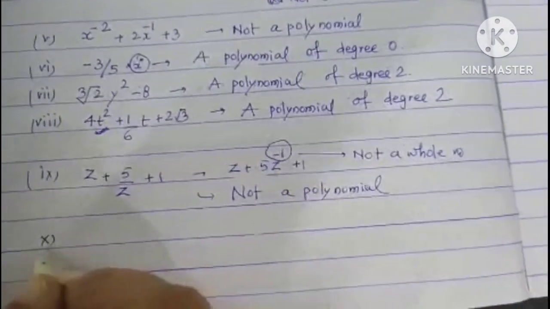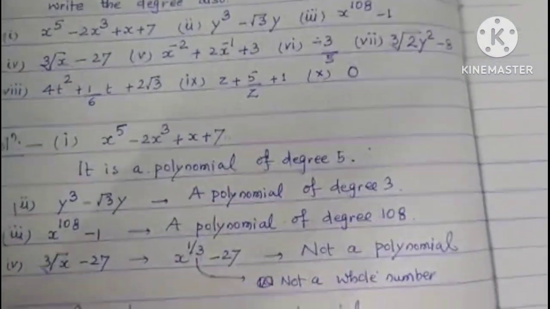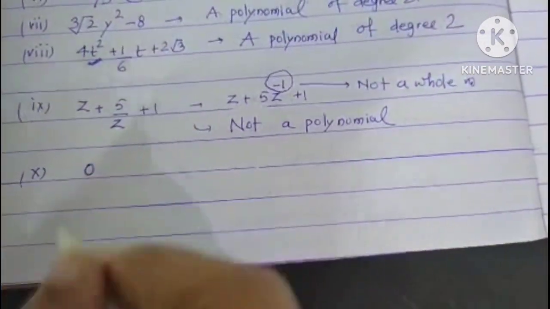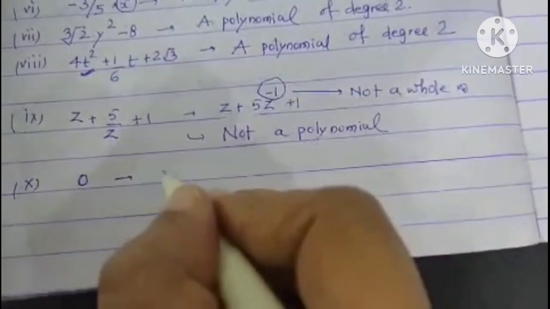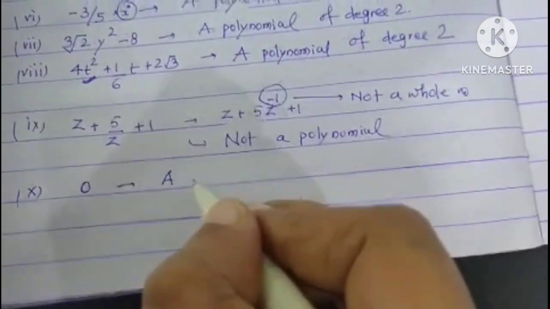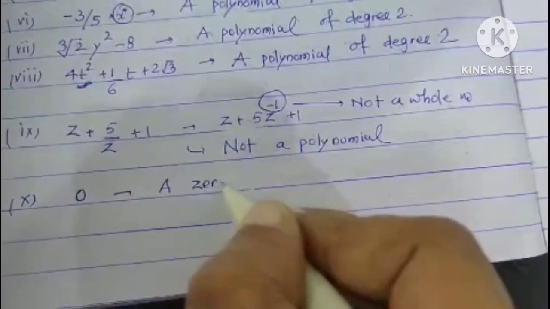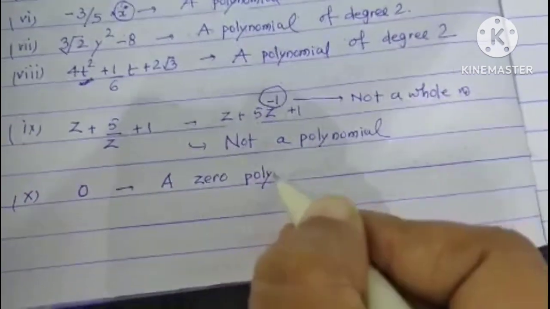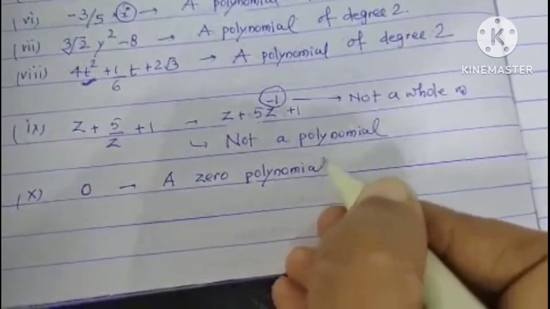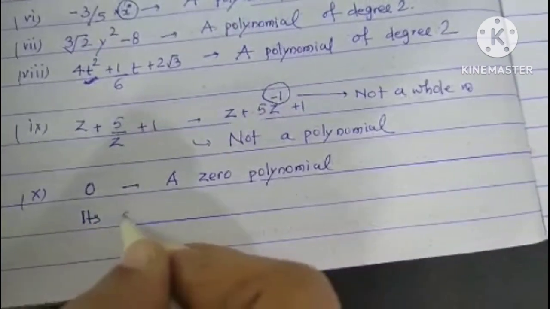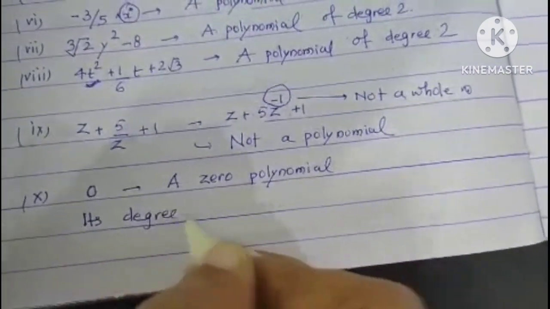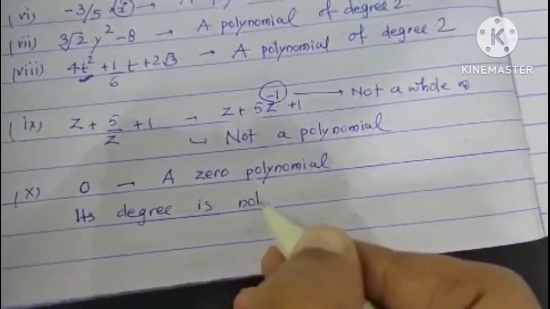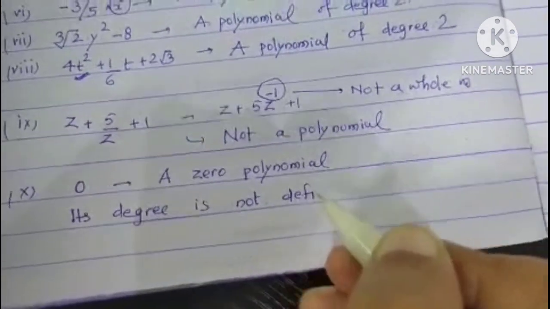Okay. Now 10th one, 0. So 0 will be a polynomial, and this is called a zero polynomial, and its degree is not defined. It is a polynomial.